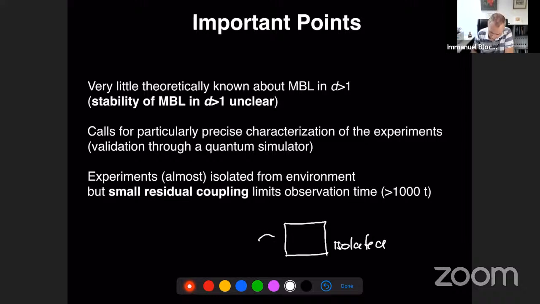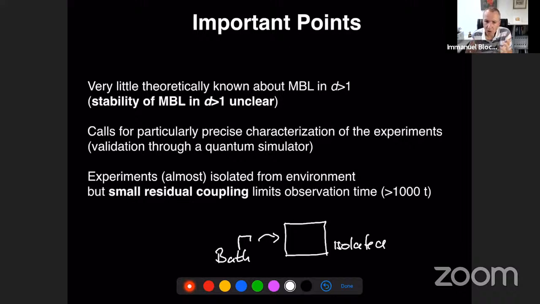There's always some rate where we couple some large bath to that system, which will render the system not perfectly isolated. And that also means that this small coupling of a bath to our isolated system will make it problematic for us in the experiment to say some things beyond some evolution times.